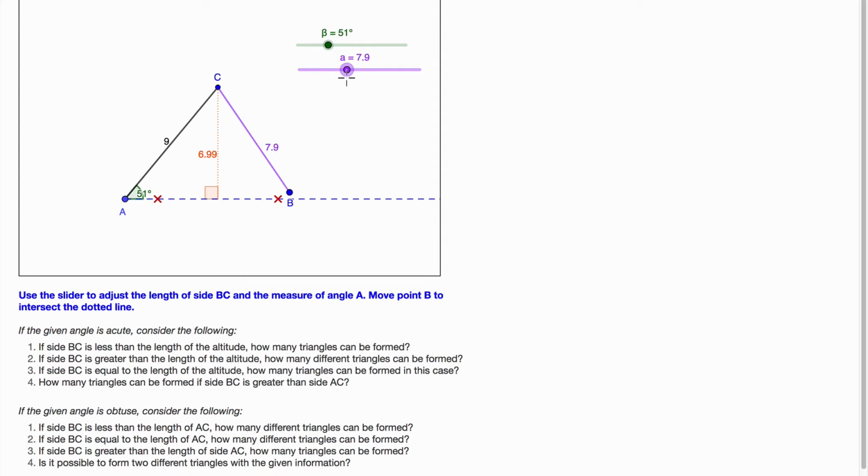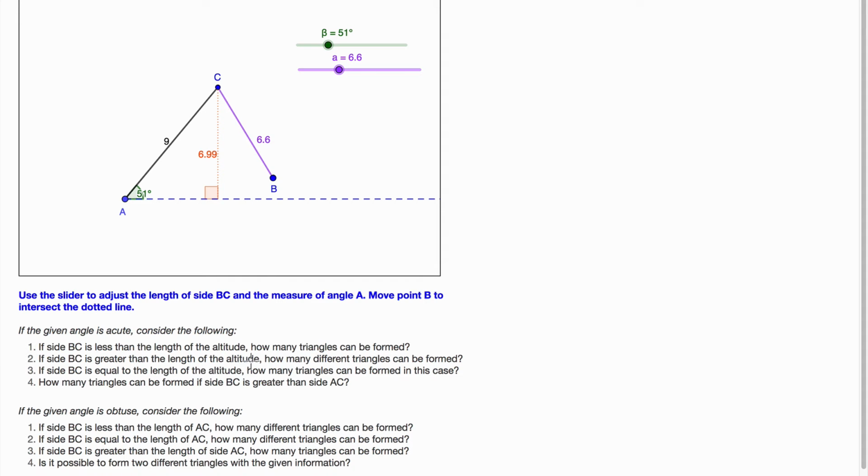Even if I make the value of A, let's say, 6.6, which is really close to that of the altitude, it doesn't quite get there. It falls a little short of this base and never closes off our figure. So if the side opposite our given angle measure is less than the length of the altitude, we form no triangle at all.